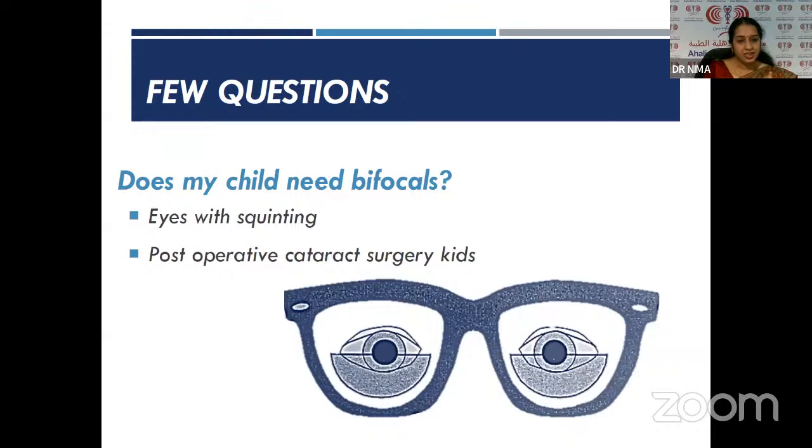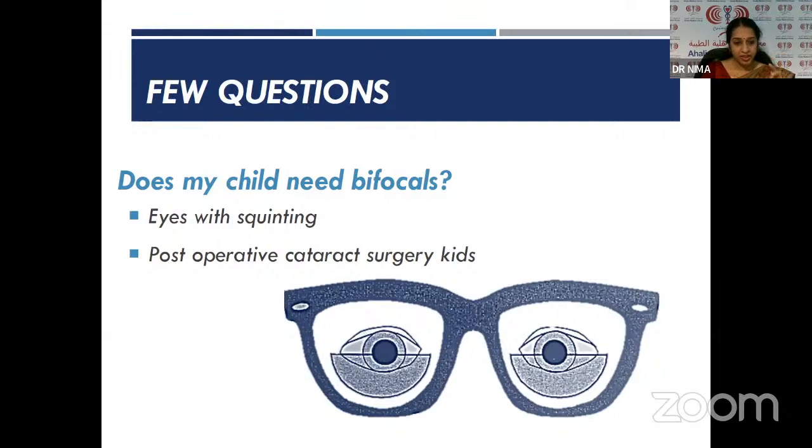And another question is, does my child need bifocals? Bifocals, very rarely we give in children. Bifocals are usually given when the age is above 40. Now these bifocals have been replaced by progressive glasses also. But in mainly two conditions, kids need bifocals, especially in eyes with squinting.